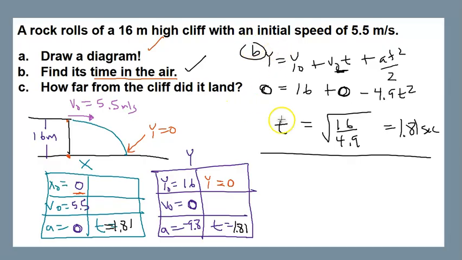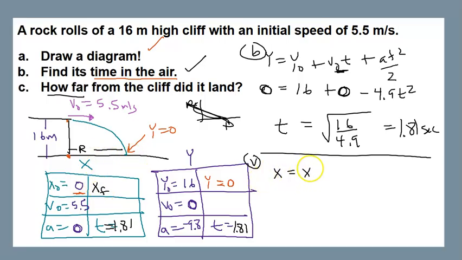That's B. And then, how far from the cliff did it land? We're looking for this. Sometimes textbooks will call that range, like a firing range. It's the opposite of math, where this is domain and this is range, but think of it like a firing range. How far from the cliff? That's basically saying what is x final.